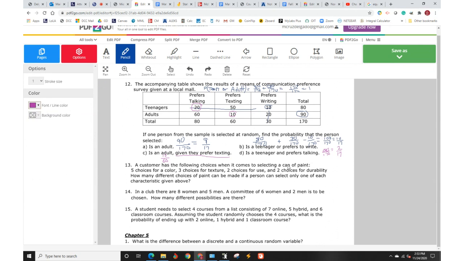And this is what you're left with: 10 over 60, or 1/6. So see, this is the only one, those conditionals, where that denominator changes from 170, because the given singles out a partial amount. And it singles out those that prefer texting. So we're only going to look at the ones that prefer texting. And out of those, which ones are the adults? Well, it's just 10 of them.